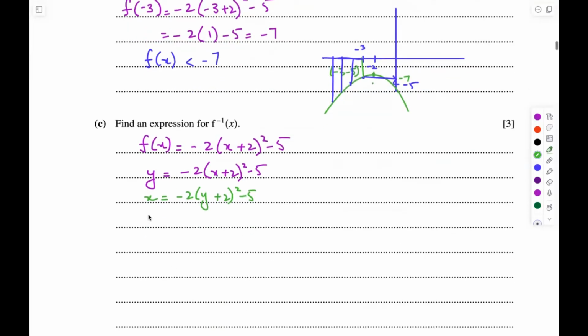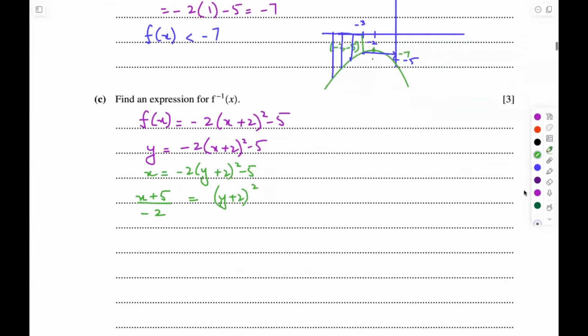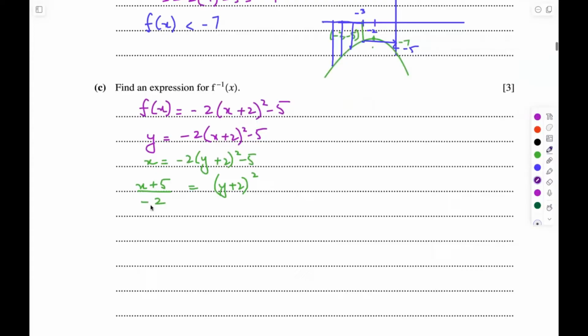Taking 5 to the other side, this will become x plus 5, and dividing by minus 2, this will become (x plus 5) upon minus 2 equals (y plus 2) whole squared. Now taking the square root, we can write the negative sign in the numerator. So this can be written as (minus x plus 5) upon 2, and taking the square root to get rid of the square on the right hand side, this will become square root of ((negative x plus 5) upon 2) equals y plus 2.